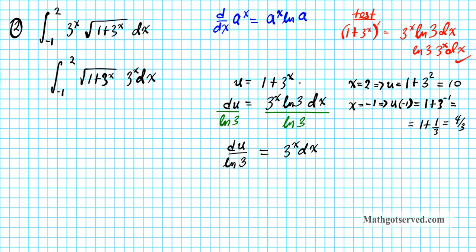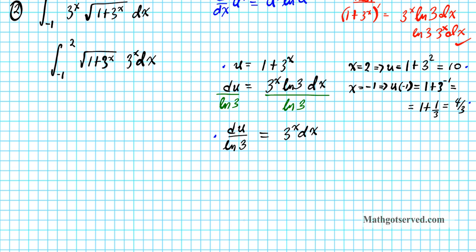All right. So my new integral is going to make use of this substitution, the upper limit and the lower limit. Let's write our new integral. It's going to become the integral from 4/3 to 10 of the square root of u, replacing 1 plus 3 to the x with u. 3 to the x dx, we'll replace with du over the natural logarithm of 3.